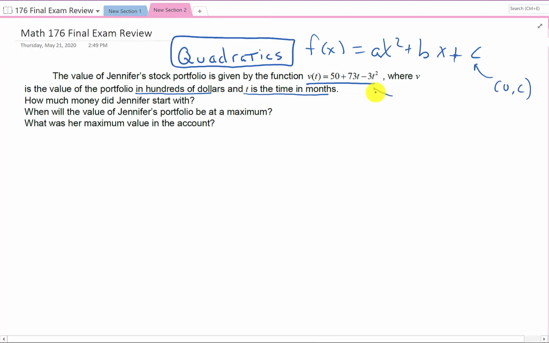And since this quadratic equation is in reversed order, the answer to A is that the y-intercept point is (0, 50). And that means that's 50 hundreds. So that's $5,000 to start.